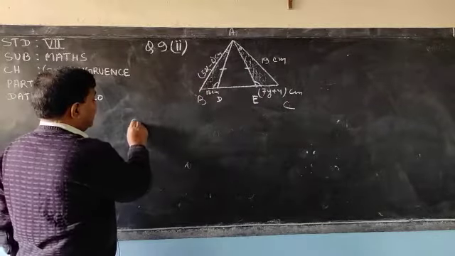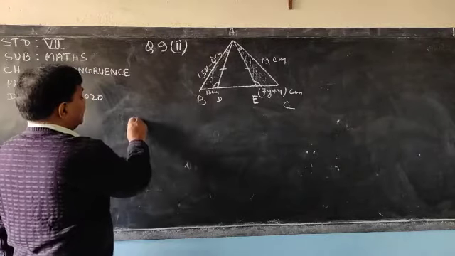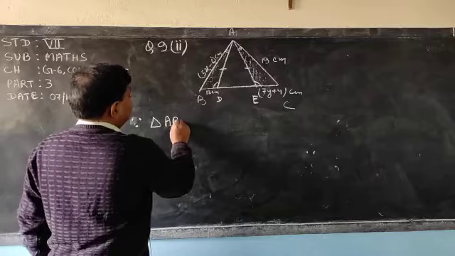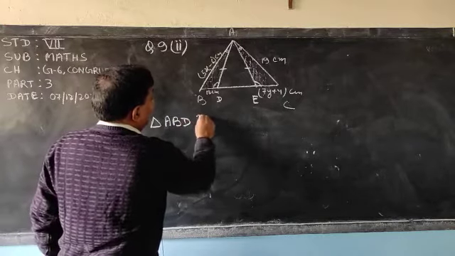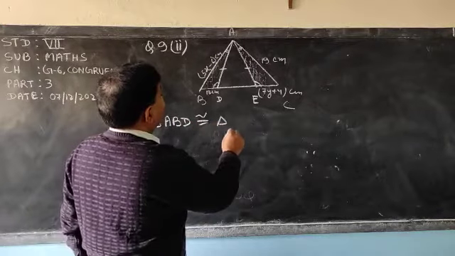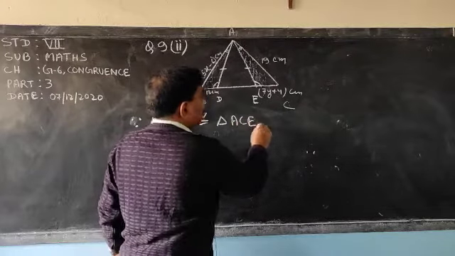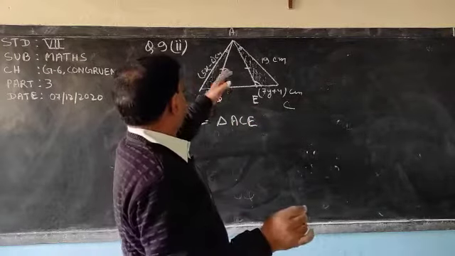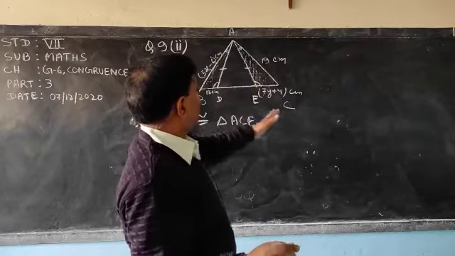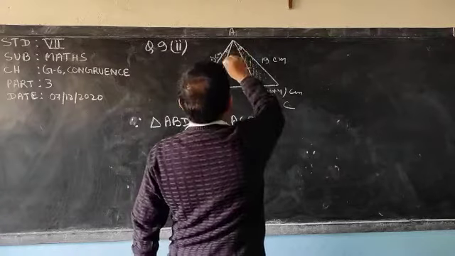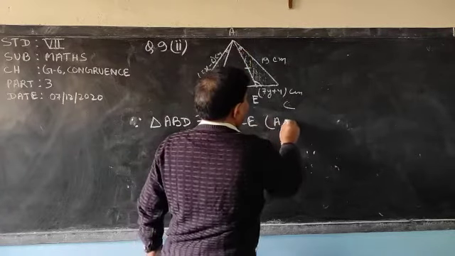So let me write. Directly we can write, since triangle ABD is congruent to triangle ACE. In short, I have no need to prove triangle ABD is congruent to triangle ACE by angle, side, angle, ASA.